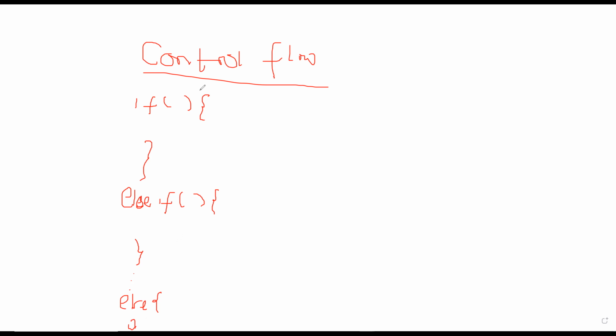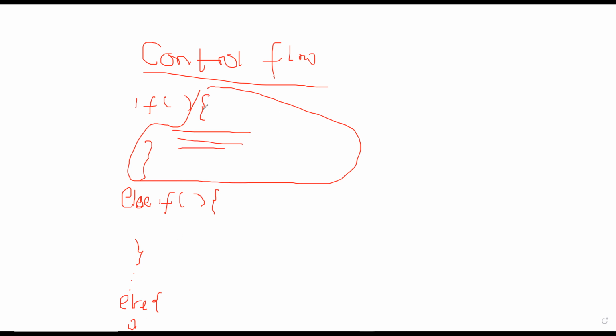This one here is called a code block, because we are going to write statements here. Anything within this curly brace is called a code block. We go into detail next week.